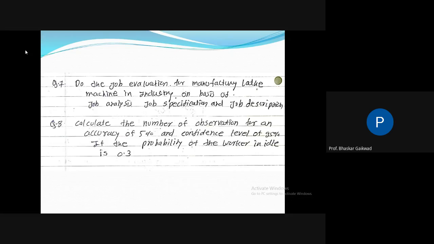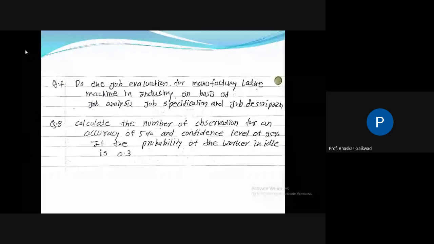You only have to write 3 points on these 3 words. Job analysis means analysis of all the parts. For example, the lathe bed is there, material is cast iron, 5 feet length, induction hardening, like this way. And job specification means after manufacturing, how to specify that job. For example, I want to purchase a lathe machine.